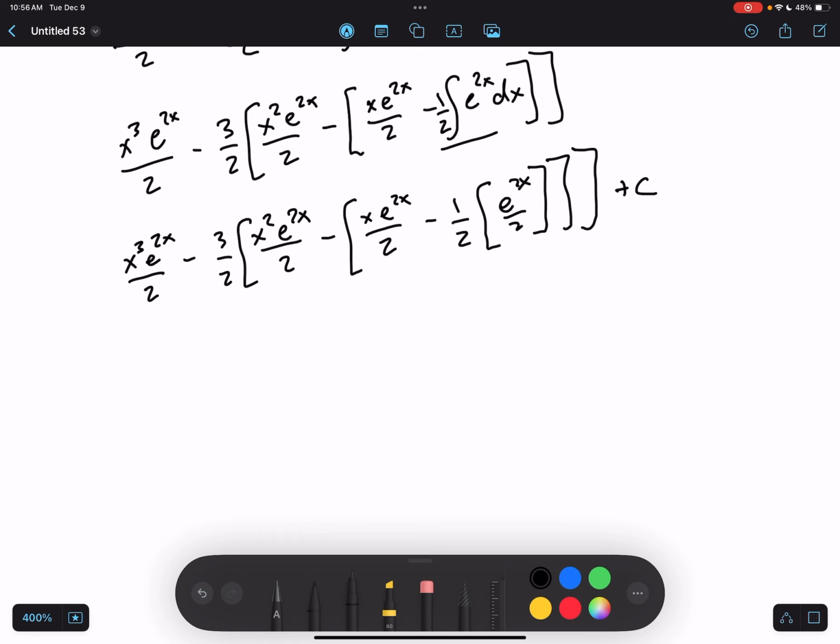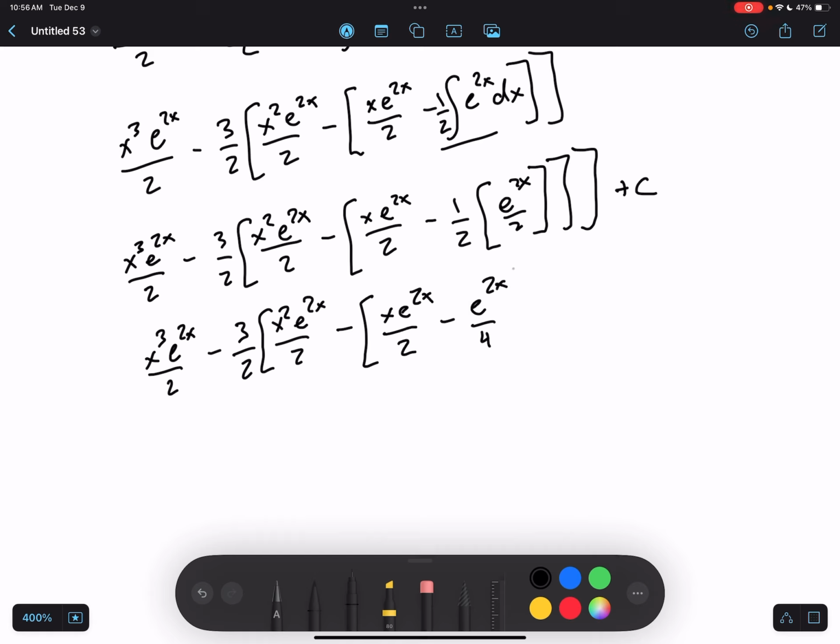And so now let's try and just work this through. So we've got x cubed e to the 2x over 2 minus 3/2 x squared e to the 2x over 2 minus x e to the 2x over 2 minus e to the 2x over 4. That's our first little simple simplification part.